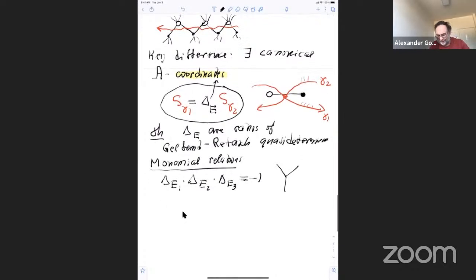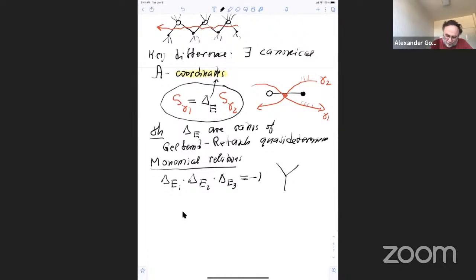Why -1? I don't want to explain why, because I would need to talk about twisted configurations, but the sign has to be -1 if you do it correctly. But the most important thing is that there is a monomial relation. Forget about -1. And there are no more relations.